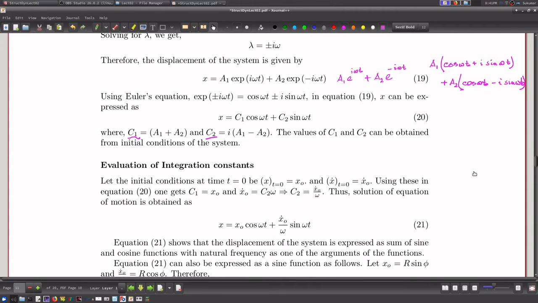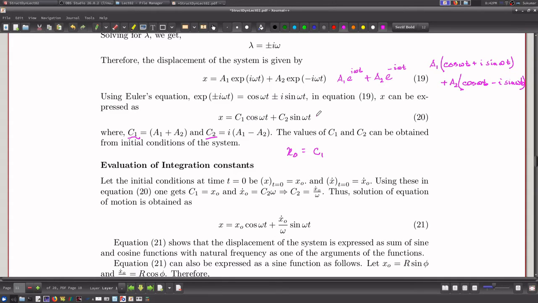If I take the initial conditions as x at time t equal to 0 as x naught, and x dot at time t equal to 0 as x dot naught, then at time t equal to 0, x naught will be my C1, right? When I put t equal to 0, this term will remain, so C1.